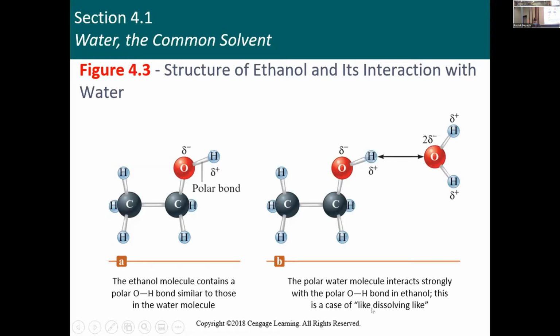The key thing is, when it dissolves, it's not going to be ripped apart. So the OH isn't coming off and being split into its own ion like the NaCl is. And the CH3, CH2 is not being split off into another different group or anything. So multiple water molecules will just engulf the ethanol in this case, but will not rip it apart into ions.